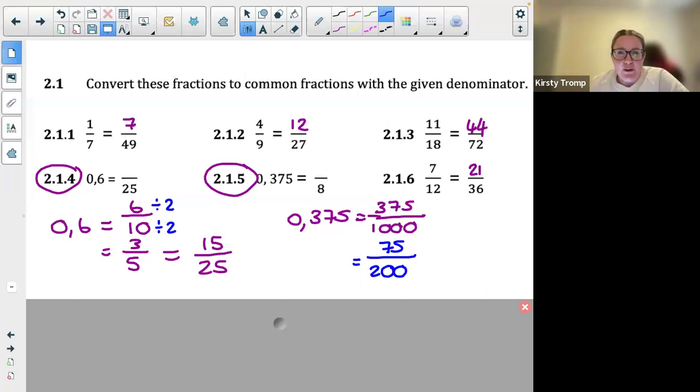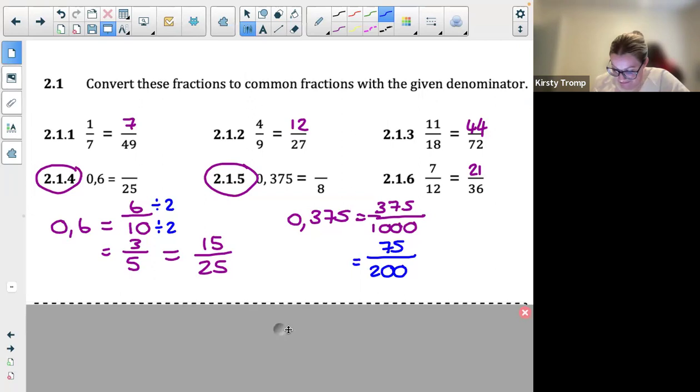Are you happy with that so far? Yes, ma'am. Okay, then Zach, what can go into 75 and into 200? Remember my little cheat? What happens if a number ends in a 5 or a 0? What probably goes into both of them? A 5. Can 75 be divided by 5?